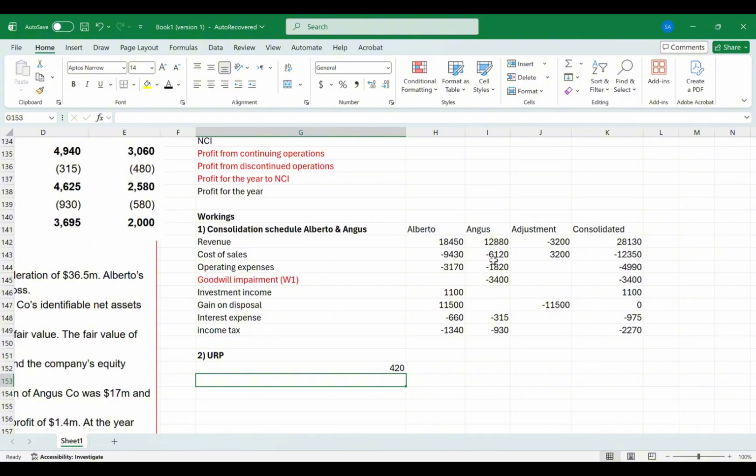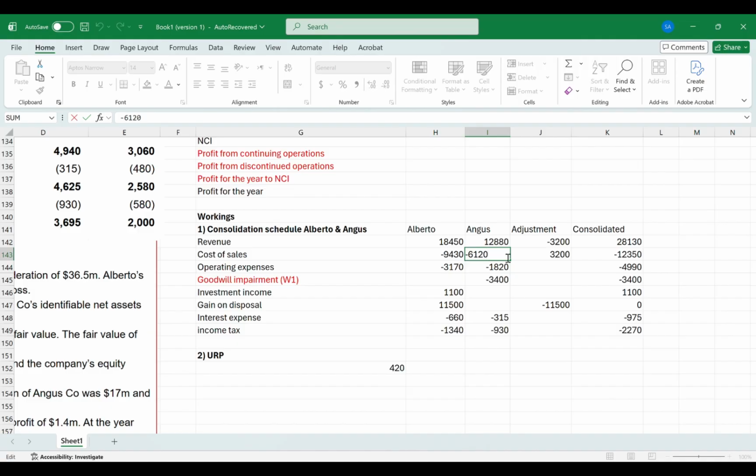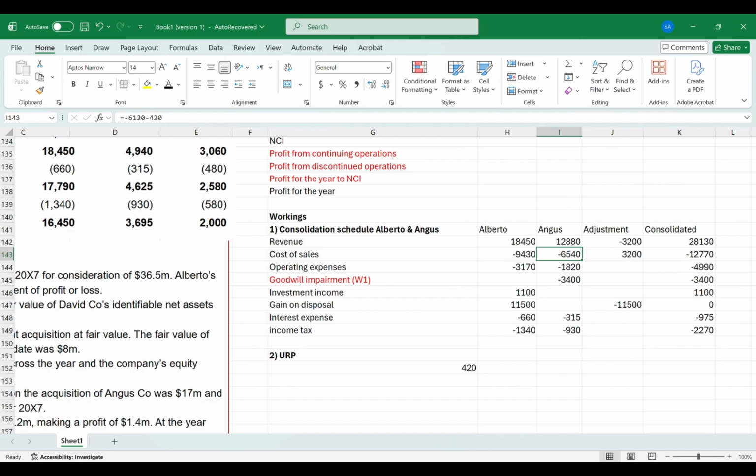From here. Deduct means you'll be minusing it. So automatically this consolidated is adjusted. You will go and deduct from here in the cost of sales. That's it. Now let us go to working number 3.